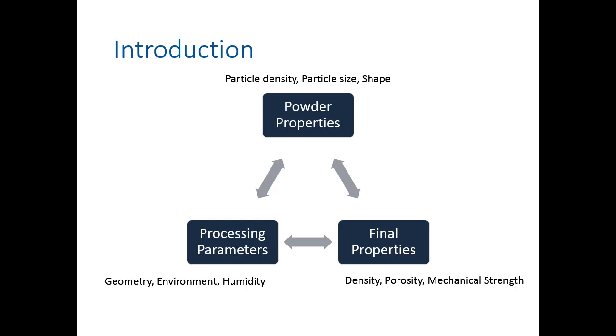We would also need to know how the processing parameters, such as the geometry of the container that we are using or the environment that we are manufacturing the component in, influence the properties of the materials. And in fact, the processing parameters are influenced by the material properties as well.